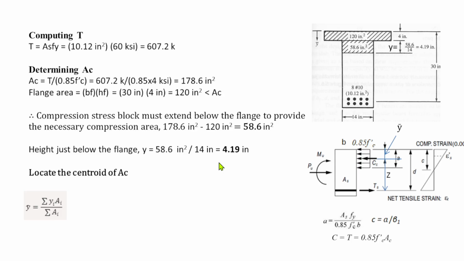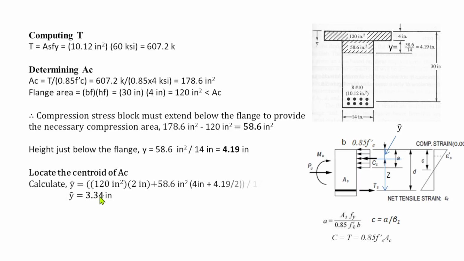Now the next thing is to locate the centroid, because we have two elements here, the flange and the portion of area below the flange within the depth of the web. If we recall the formula for locating the centroid of an area, it is the summation of y sub i times the area, all over the total area. So we have 120 square inches times 2, with our reference from the top, y bar from the top.